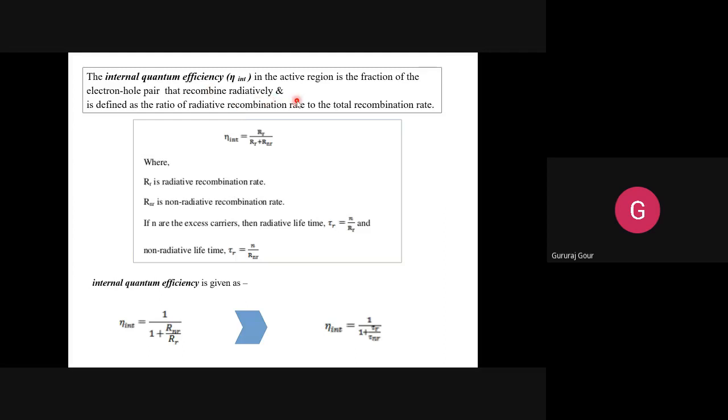We are taking the sample of recombination happening because of radiative majority carriers, electron-hole pairs, and it is defined as the ratio of radiative recombination to the total. Here you can see, the recombination happening because of the carriers which are falling radiatively, divided by the total recombination, which is happening because of the radiative and non-radiative.